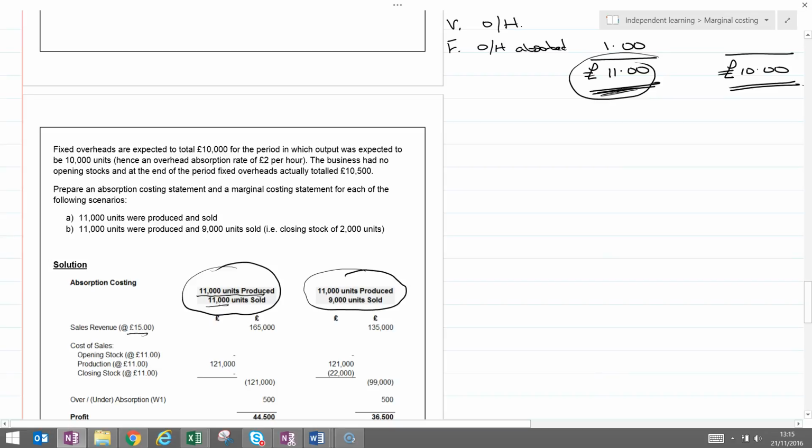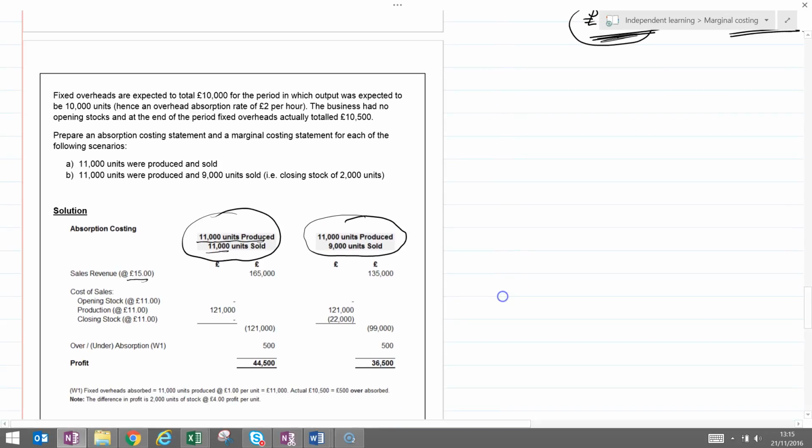So 11,000 units at £11 gives us 121,000. There is no closing stock because all the units we produced we sold. So the total of opening stock plus production minus closing stock is 121,000. So remember, this is our cost of sales. So in order to get a profit figure, we obviously need to deduct that from our sales.